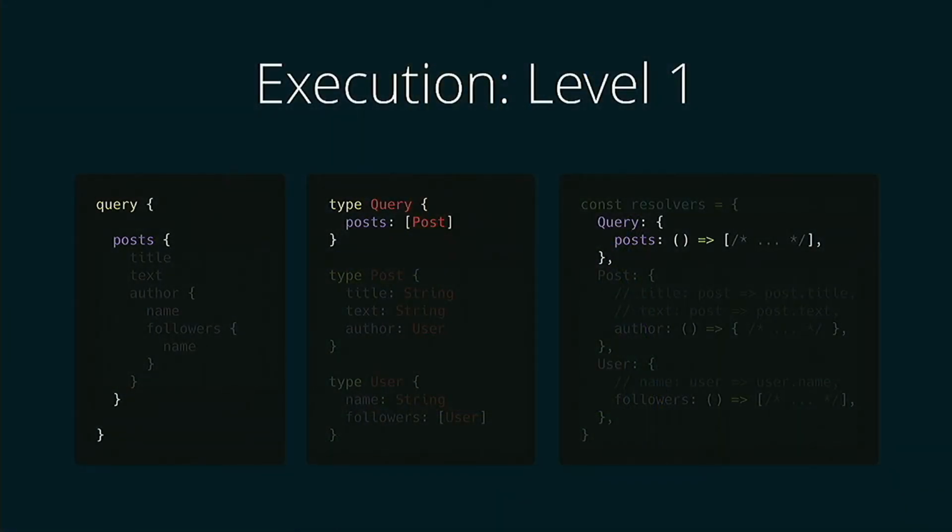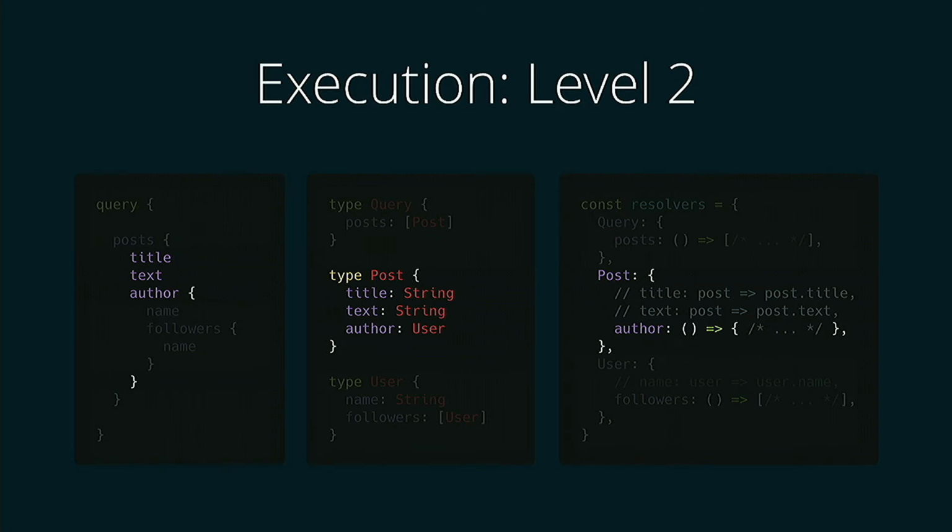At the root level, first the posts resolver would be called. And note here, I haven't really implemented these resolver functions. This is just so that you understand the execution. So first, the posts resolver would be called. Once that has returned, we're descending into the next layer, where we're resolving the title, the text, and the author.